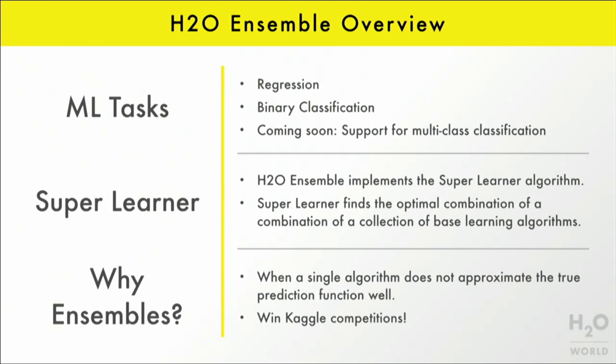The H2O Ensemble package, I should mention, is an R package. So all of the Ensemble code is actually written in R, but the H2O R package is really just making a bunch of calls to the H2O cluster, which is actually doing all the work. So the plumbing of the Ensemble algorithm is just organizing the training of all these different models and reorganizing the data afterwards.